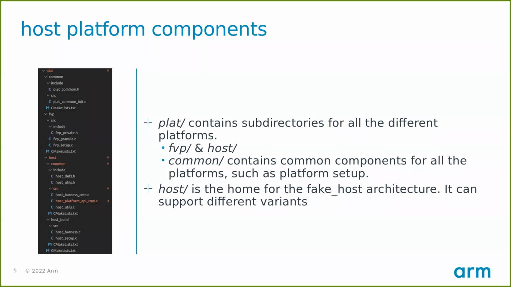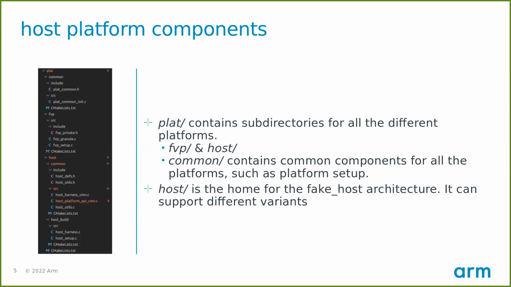Inside the plat directory, we have a directory for FVP, where we have all the platform components for FVP. Then we also have a host directory where we have all the fake host components that will be built when we build for fake host. Also, if you notice on the upper part, we have a common directory.